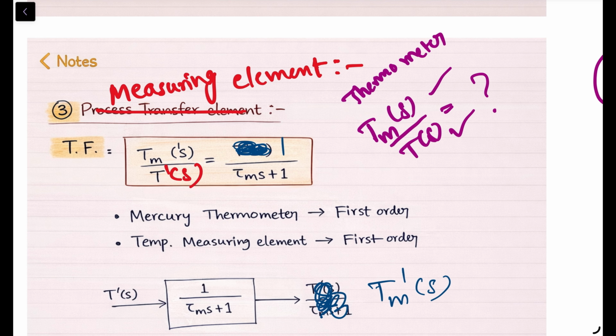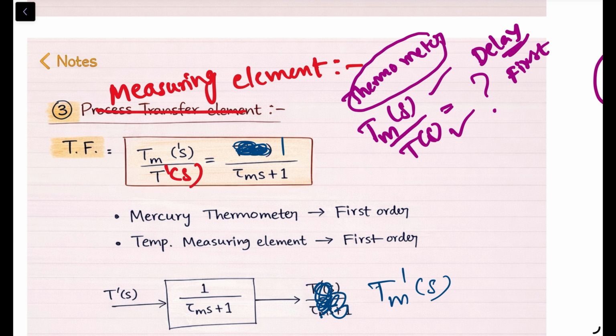For example, a thermometer takes some time to respond to temperature changes because it won't give the reading instantly. Because of this delay, the measuring element behaves like a first order system.